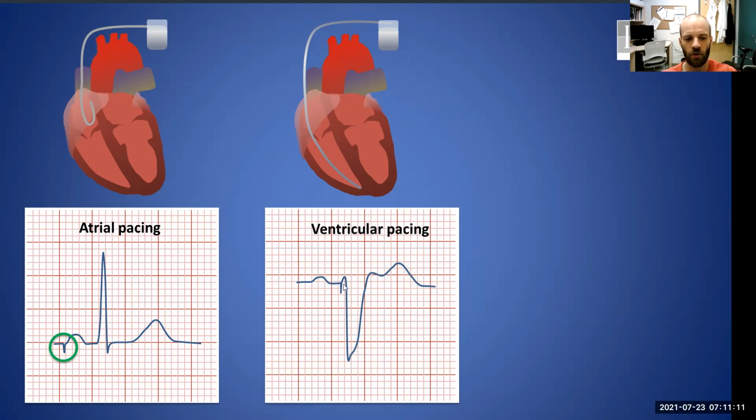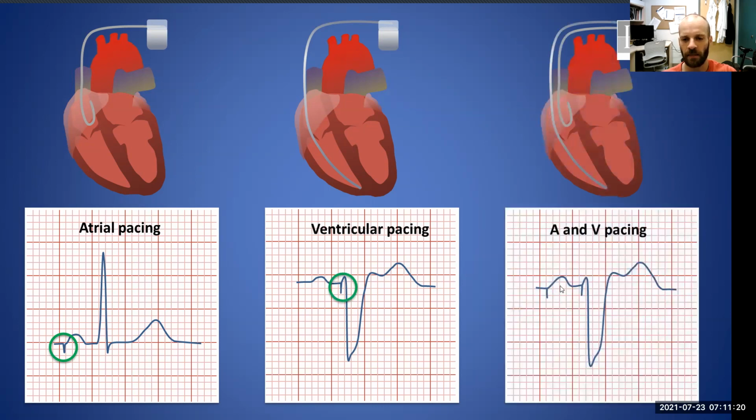So you get this initial spike just before the QRS complex, and then you get a left bundle pattern. On the other hand, if you're pacing both chambers, you get a pacing spike before the P wave and before the QRS complex. Okay, so those are three common patterns that you'll see with pacemakers. You need to look out for these little spikes before the chamber of interest, and that's going to influence how you interpret the ECG.